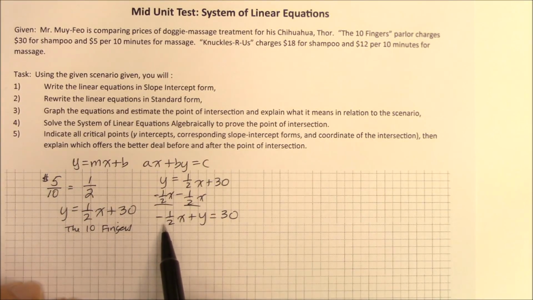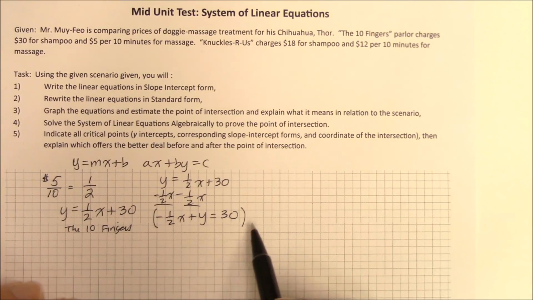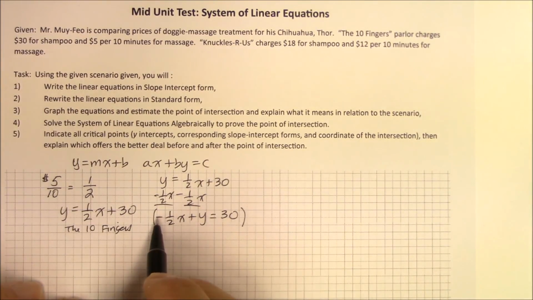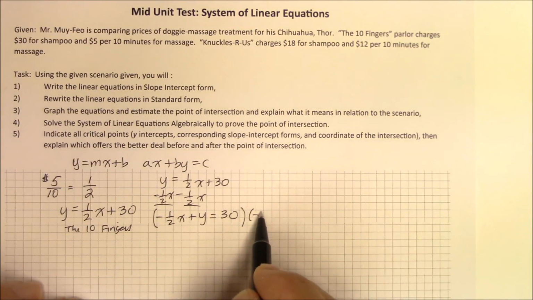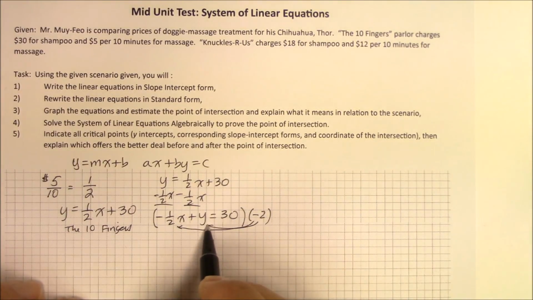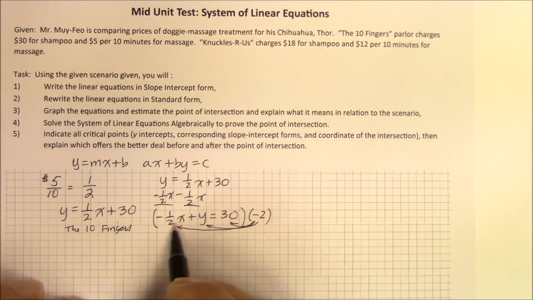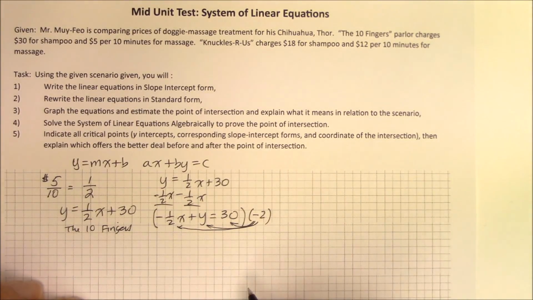So in order to get rid of the denominator and the negative, we want to multiply by the denominator and the negative that we see. And we apply the distributive property, because whatever you do to one thing, you have to do to the other terms in the equation.